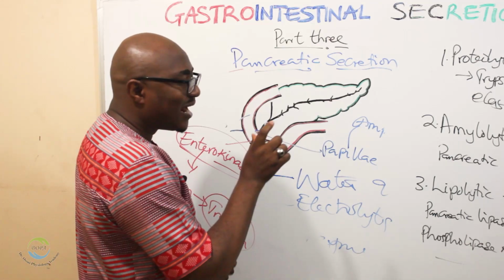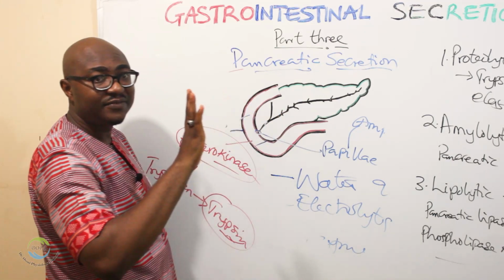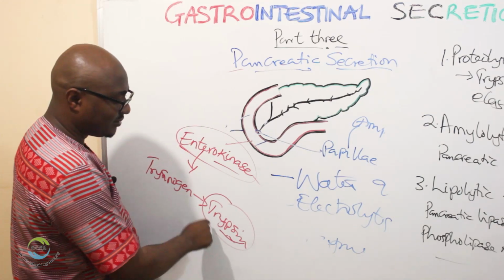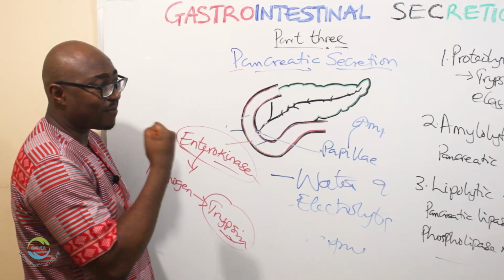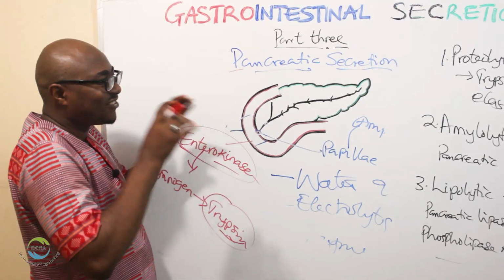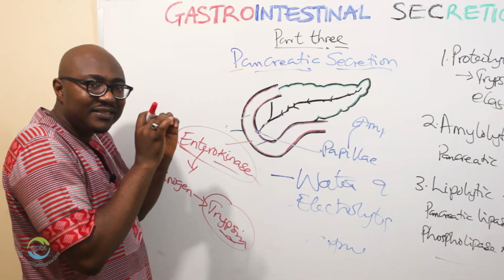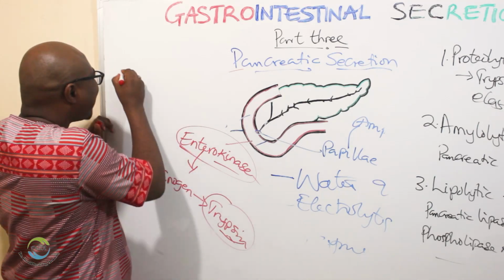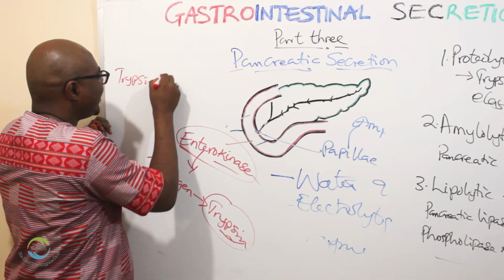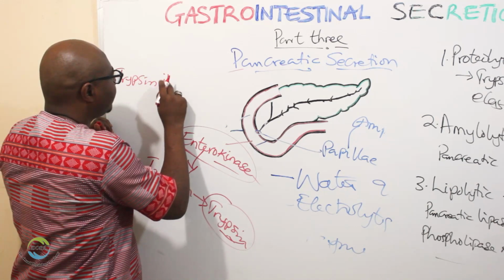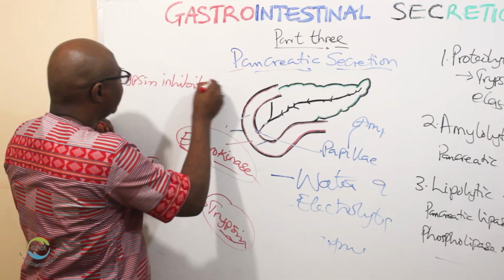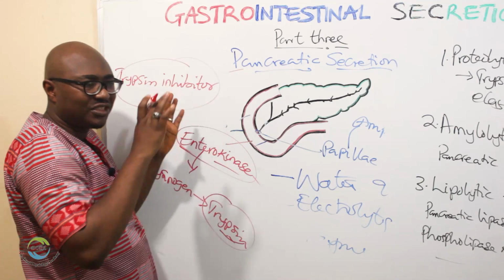So, another additional safety factor for trypsin, because it can be very dangerous, a very powerful proteolytic enzyme that can destroy, is that as trypsin is being secreted, there is a trypsin inhibitor that is secreted along with trypsinogen.